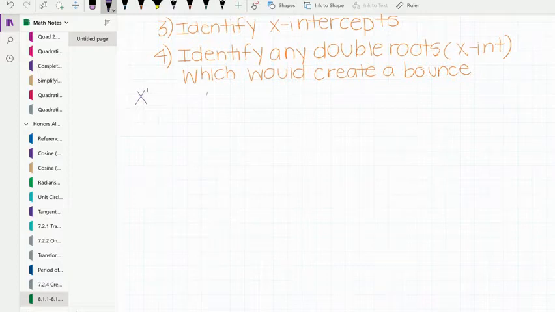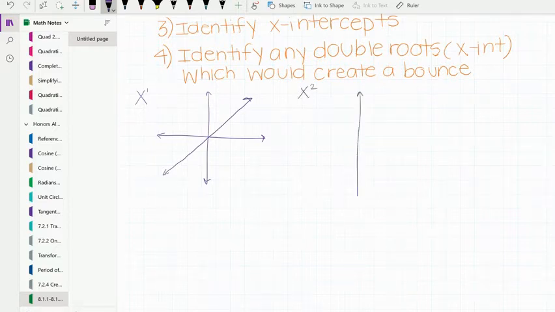These are all just sketches. For example, if I have x to the first, I know that it is going to look like that. Now let's say I have x squared. Again, these are all just sketches. If I have x squared, I know it's going to look something like that.